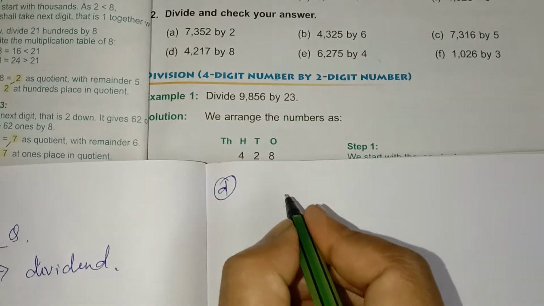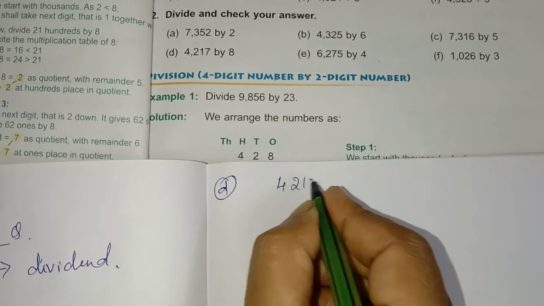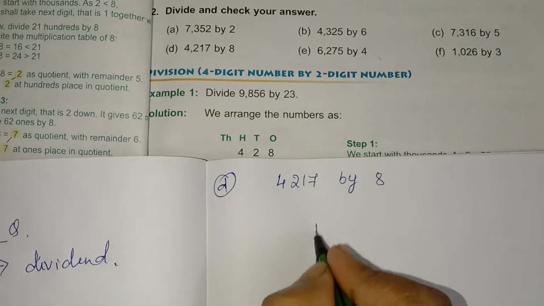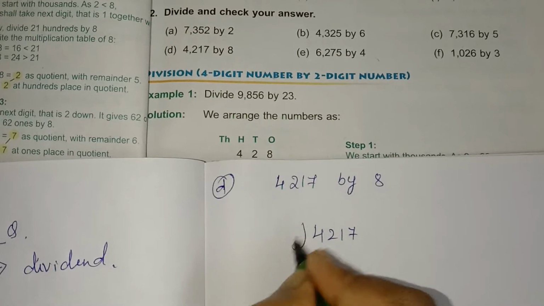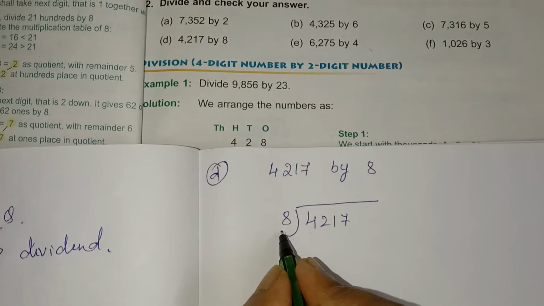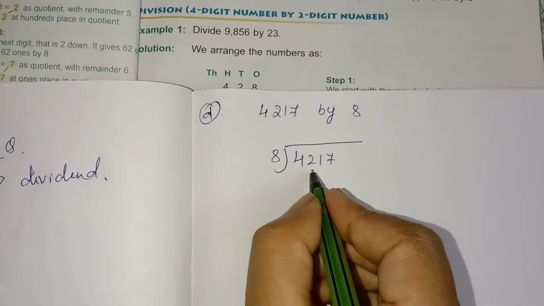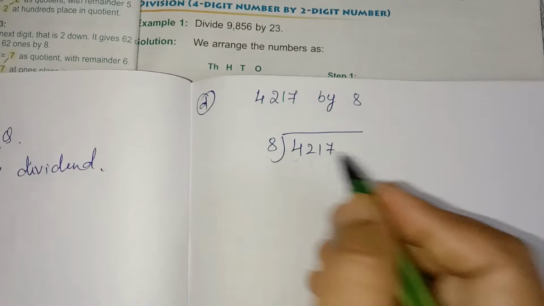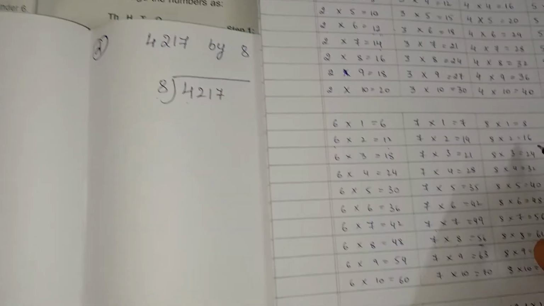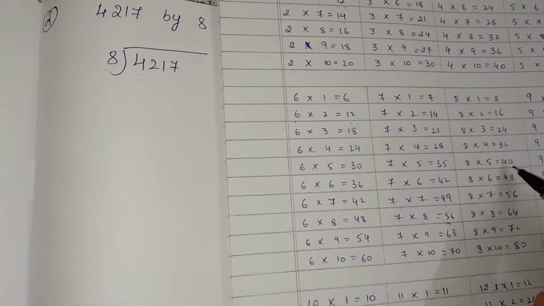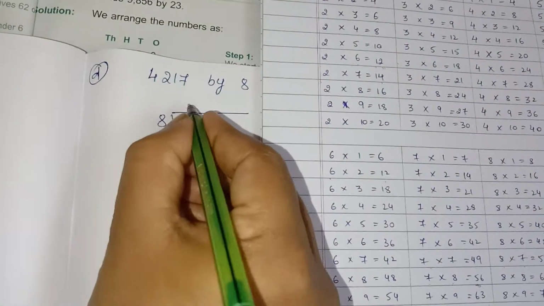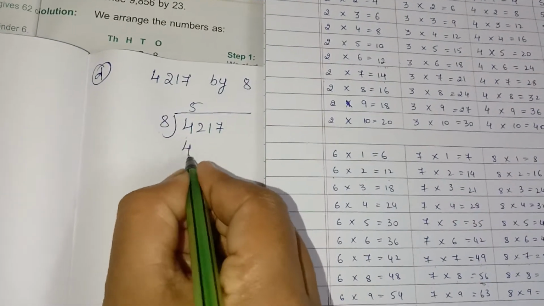Next, fourth one, 4217 by 8. Here 4 is less than 8, so we are taking the 2 digits. Now recall the table of 8. Here 8 fives are 40.